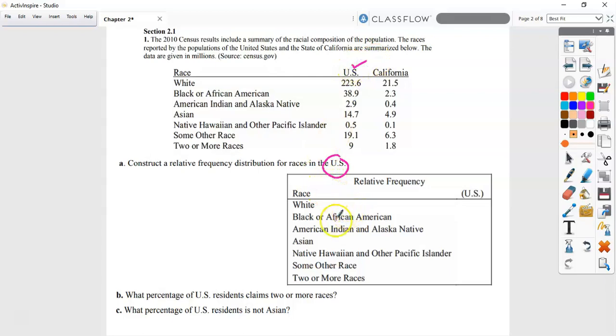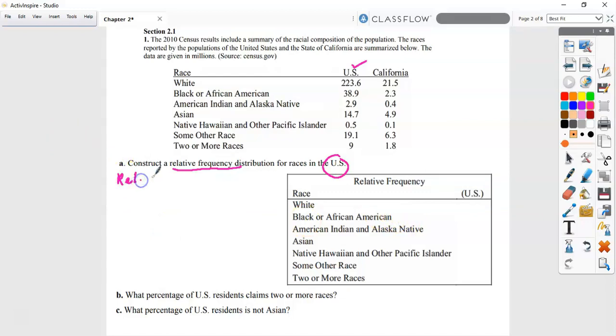So in terms of organizing it, we have two types of tables: frequency table and relative frequency table. Keep in mind, frequency table is essentially a count, and a relative frequency is a proportion relative to the whole. So since our task on A is constructing a relative frequency distribution, meaning we're going to use the formula. Let me just write the formula here.